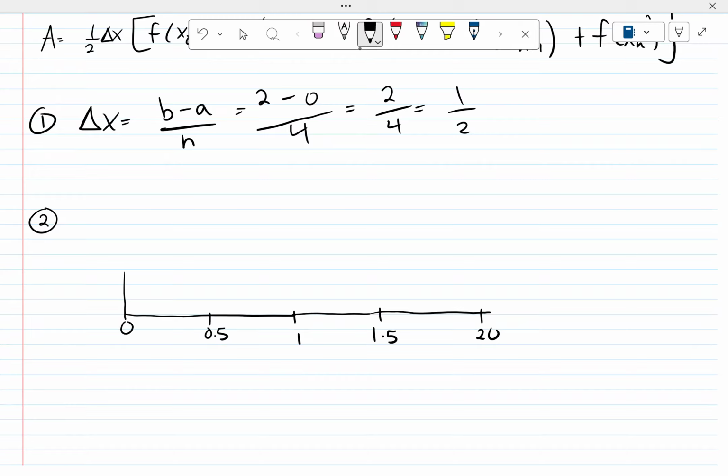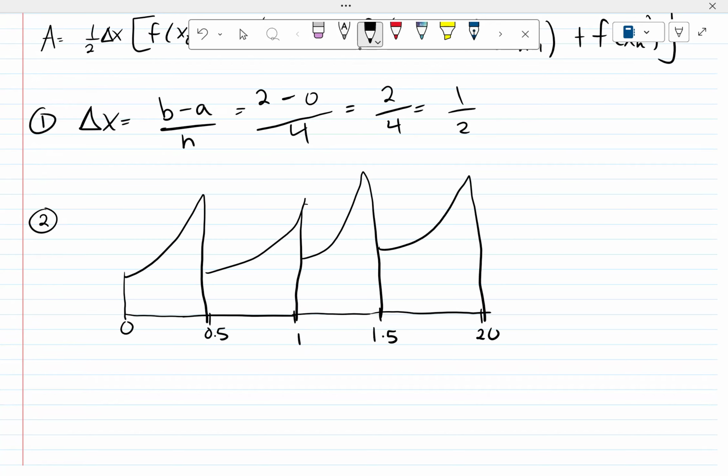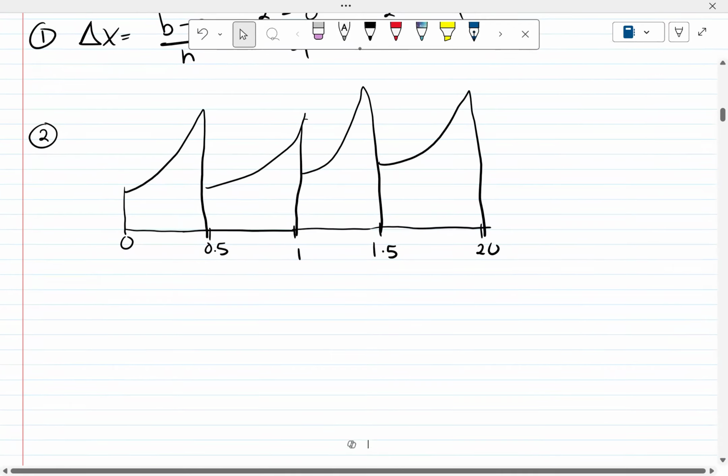Okay, so we kind of draw a trapezoid, so this is this. Doing the best I can. Okay, so that is our image. So now what we've got to do is use the formula.